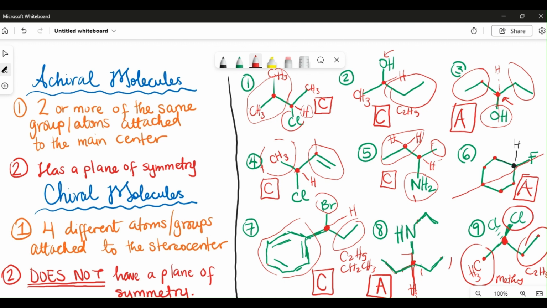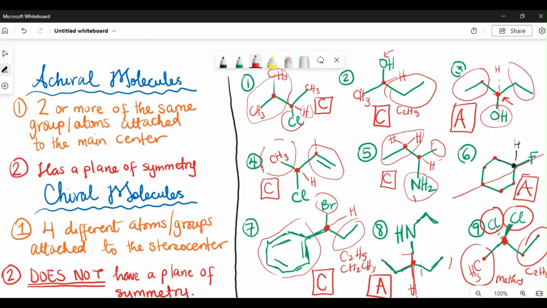You can think about your screen as a book, coming out of the page, or you can just think about it as coming out of your computer. So you have a chlorine atom coming out of your computer, and then there's another chlorine atom at the back of your computer.